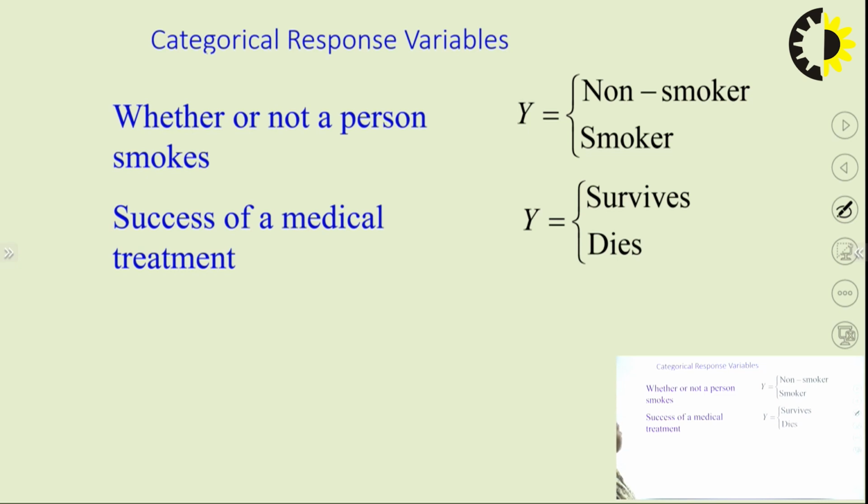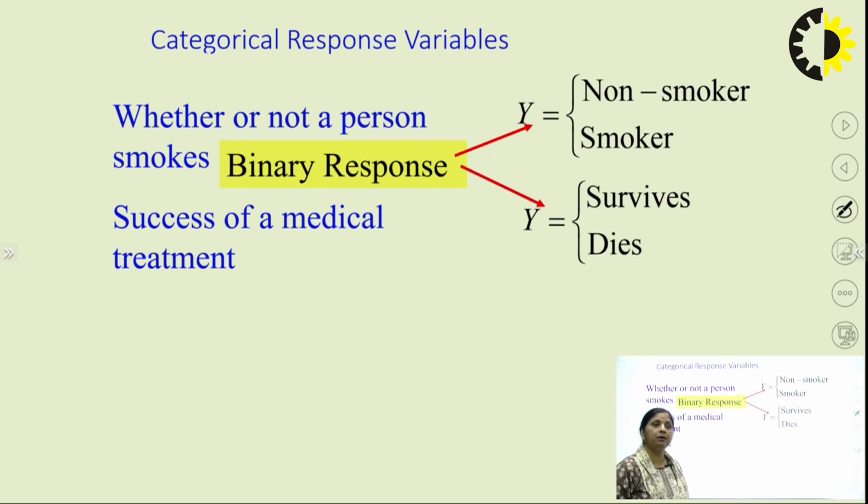This is the second option. Some treatment is given. Now, after taking the treatment, what is the success of the treatment? Either the person survives or dies. Only two options are there. So, in these examples, we have binary responses.